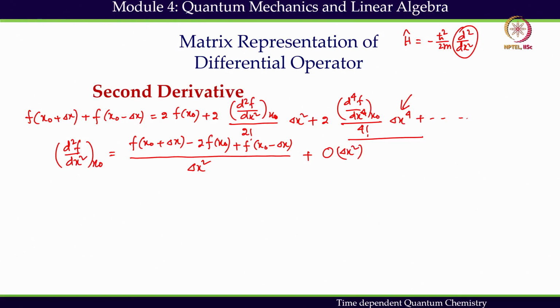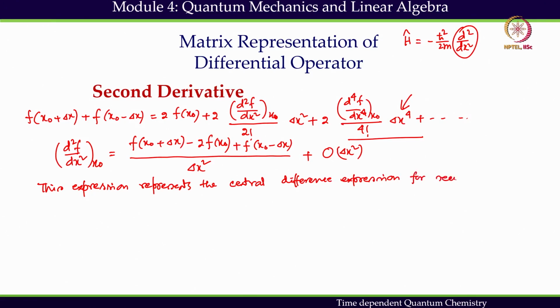So this expression represents the central difference expression for the second derivative at point x naught, and this exhibits an error which is delta x square.